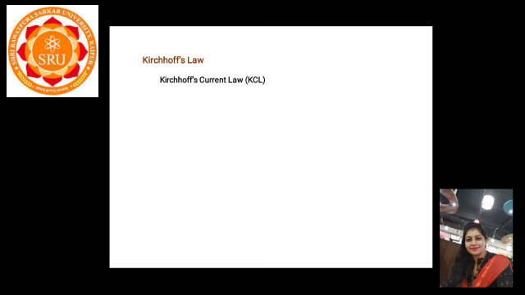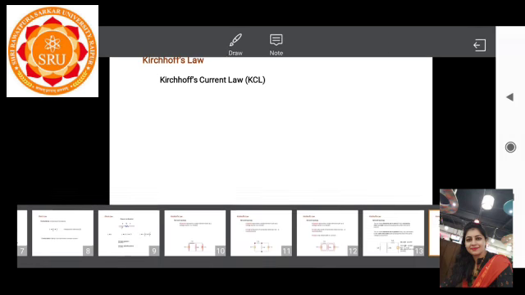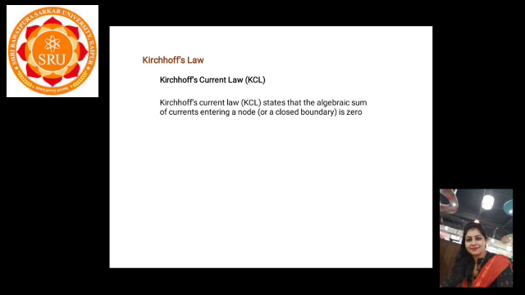Now we come to Kirchhoff's current law. Kirchhoff's current law states that the algebraic sum of currents entering a node is always 0. This is a circuit diagram. At the point which connects all the currents, the net current will be 0.